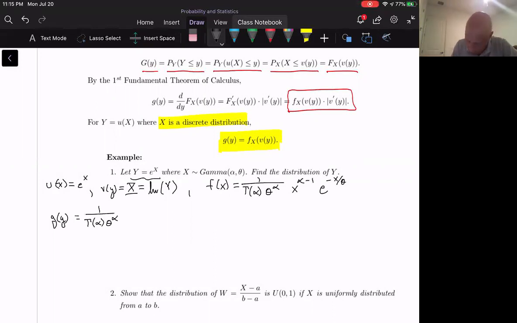So x becomes the natural log of y, and multiply by v prime. And it is absolute value. That's what those brackets are, if you forgot. And so if your derivative happens to be negative, make it positive. It's not negative in this case. So v of y is the natural log of y. Derivative of natural log of y is 1 over y.